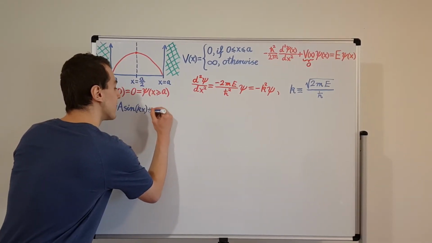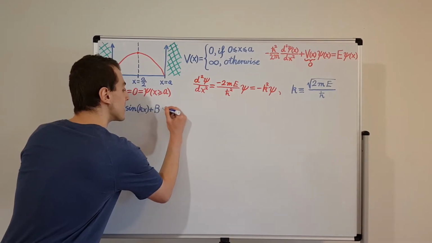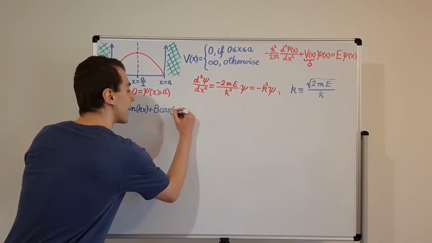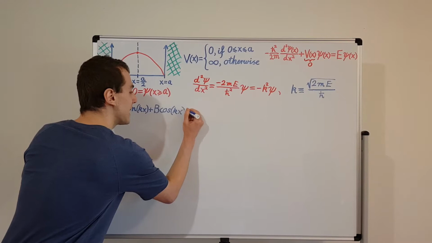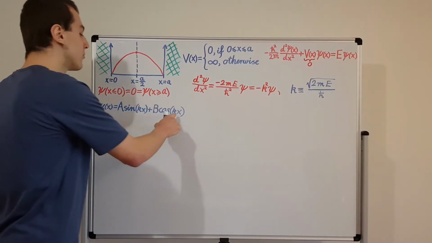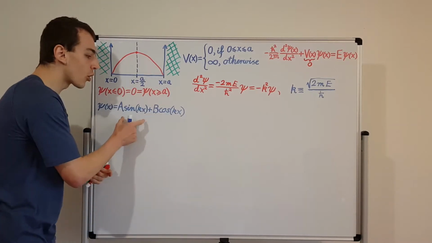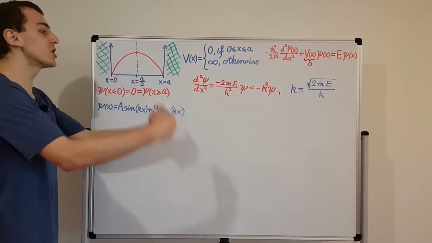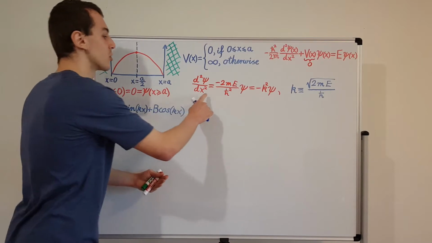And then we're also going to have b times cosine of kx. So these are valid solutions. Each of these by themselves are valid solutions. And then if we take the superposition or the linear combination of these two, that is also a valid solution to this differential equation.